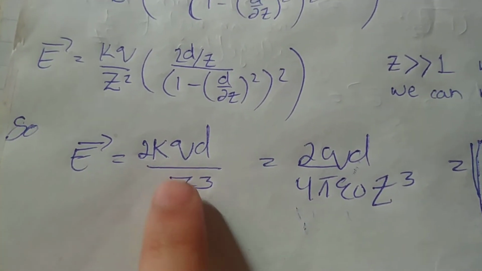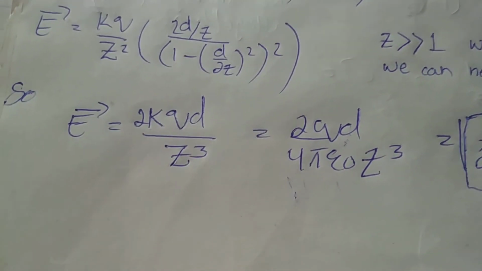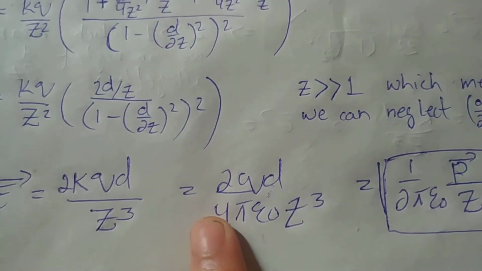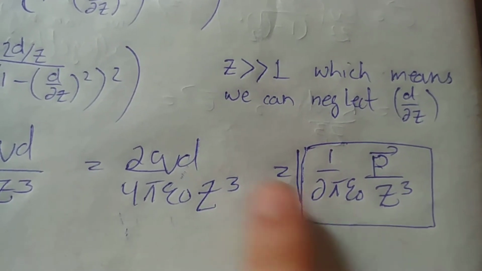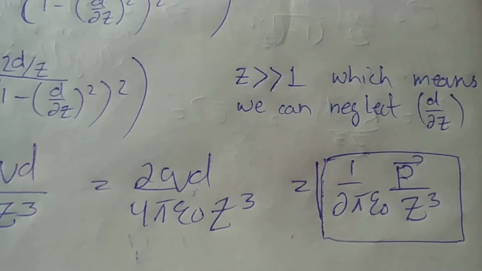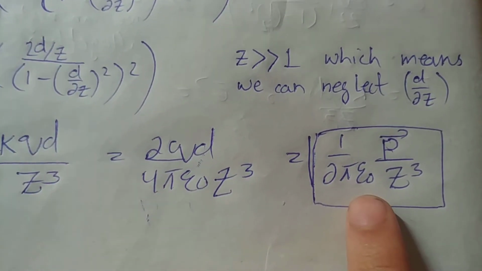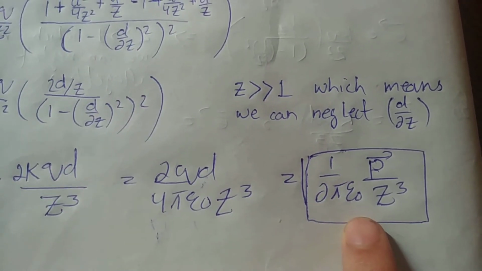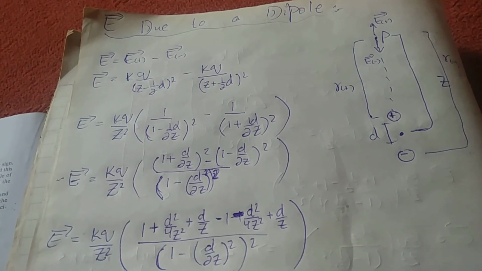And if we write k in its full form, which is 1 over 4 pi epsilon naught, then 2 cancels out with 4, and we're left with 1 over 2 pi epsilon naught, p divided by z cubed. Notice that qd equals the dipole moment p. That's the formula for the dipole moment. So this is the formula we use to find the electric field due to a dipole.